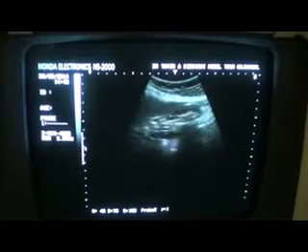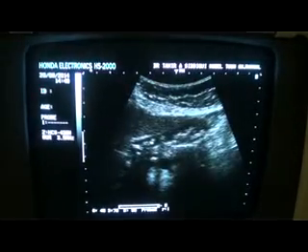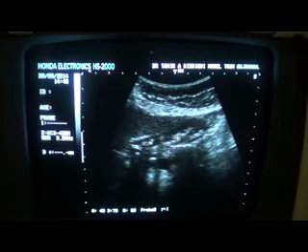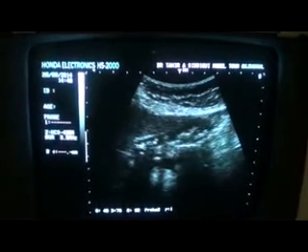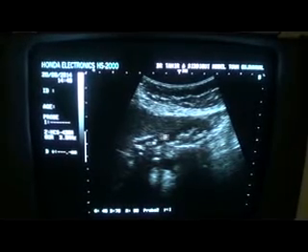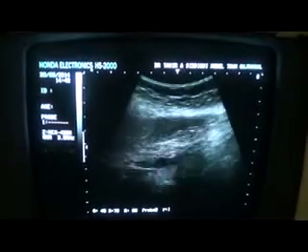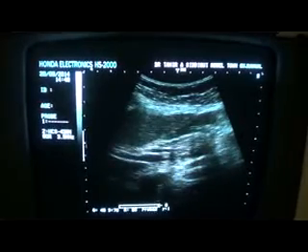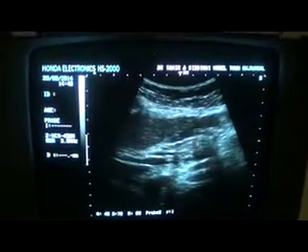Now, this is the gallbladder, and the lumen is full of echogenic particles. These are all calculi within the gallbladder, and this is a case of cholelithiasis as well. This is the portal vein, and this is the common bile duct.